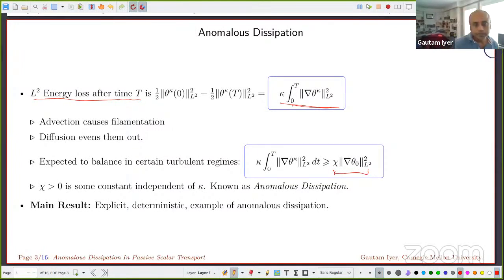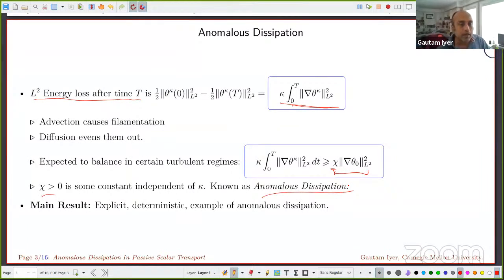Here chi is strictly positive, independent of kappa, and that's the initial energy norm. So this is known as anomalous dissipation.